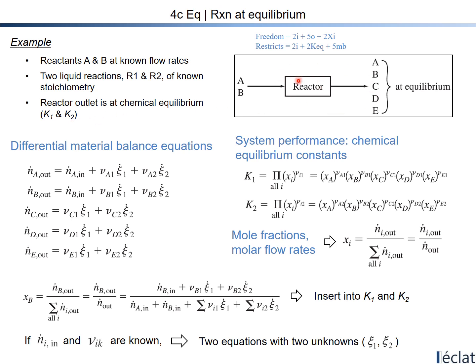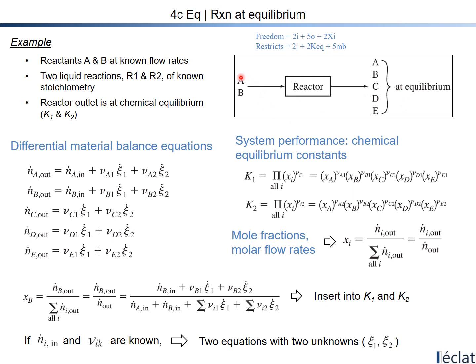So let me check the degree of freedom. Freedom: 2 input, 5 output, 2 Xi. So 9 freedoms are there, and restrict 2 flow rates, restrict for A and B, and 2 equilibrium constants for the exit concentration or mole flow rate.